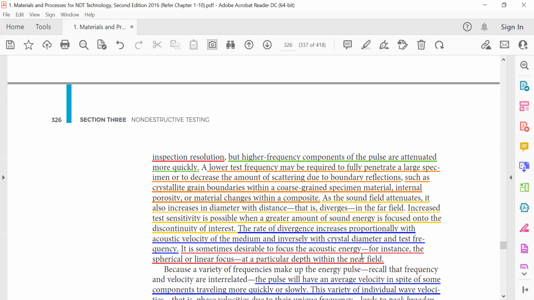As the sound field attenuates, it also increases in diameter with distance, that is, it diverges in the far field. Increased test sensitivity is possible when a greater amount of sound energy is focused onto the discontinuity of interest. The rate of divergence increases proportionally with the acoustic velocity of the medium and inversely with crystal diameter and test frequency.